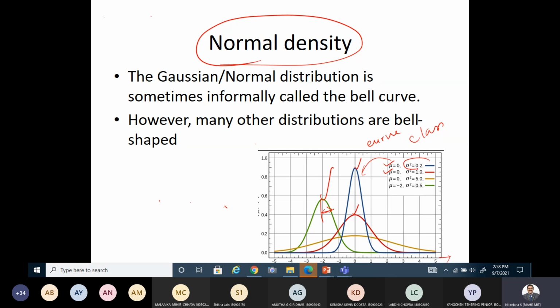What is observed here is that their variance is different. Sigma square is 0.2 and 1. Sigma is the standard deviation.